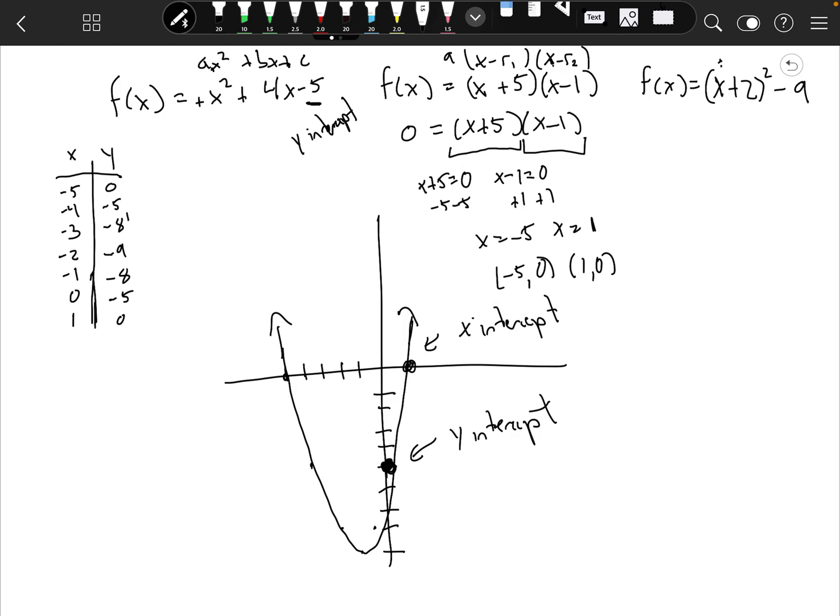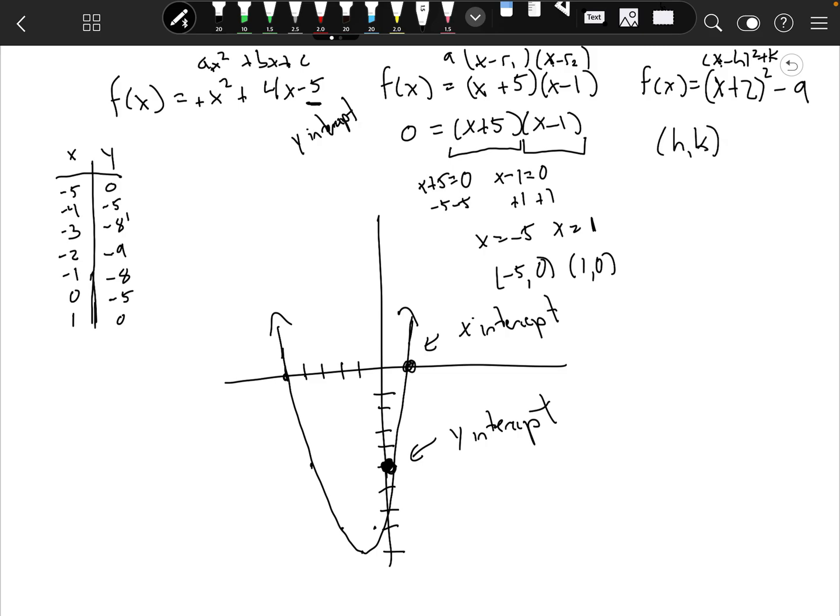And let's take a look at the last one. This is called vertex form. And it's x minus h squared plus k. What this is telling us is it actually gives us the vertex. So the h and the k is the vertex.